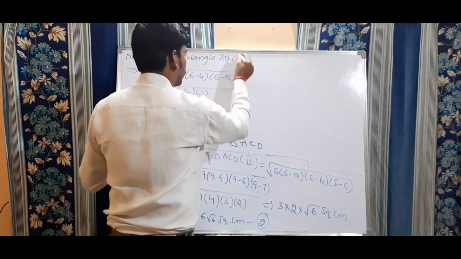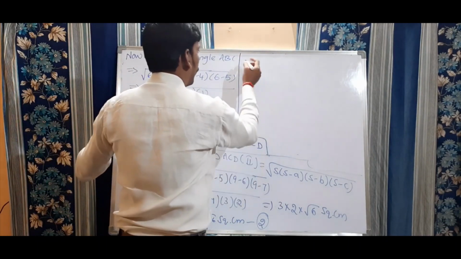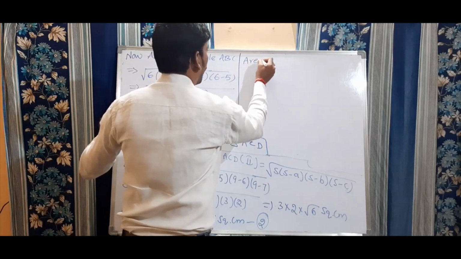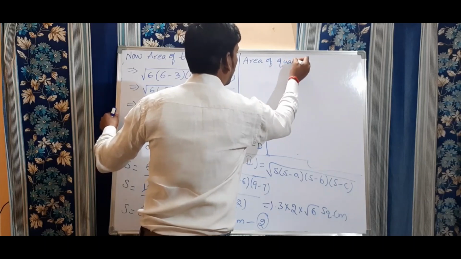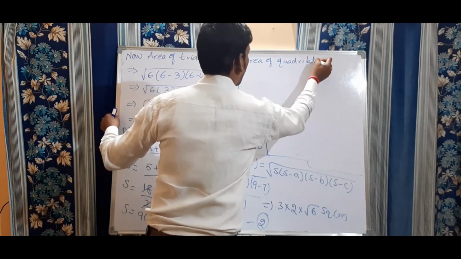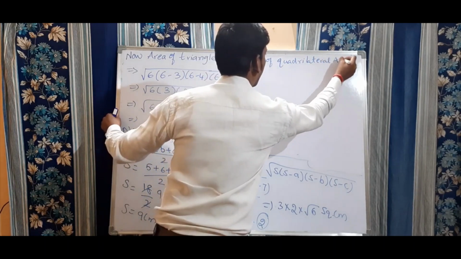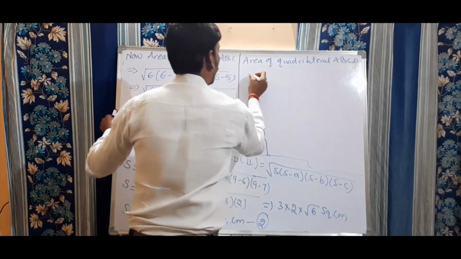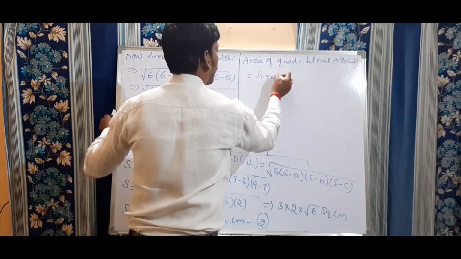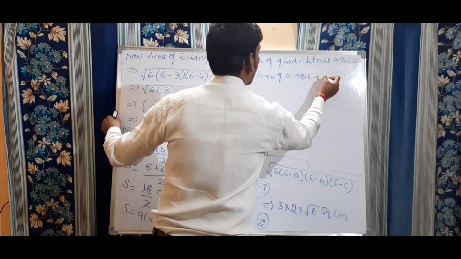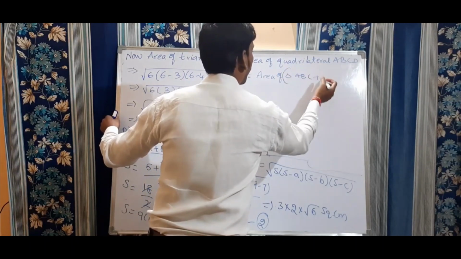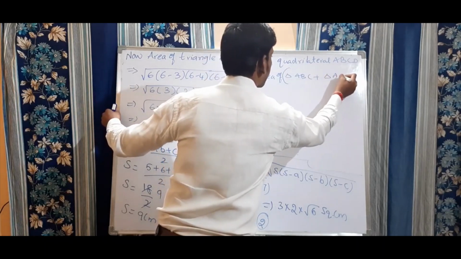Clear? So now the area of quadrilateral ABCD is equal to the area of triangle ABC plus the area of triangle ACD.